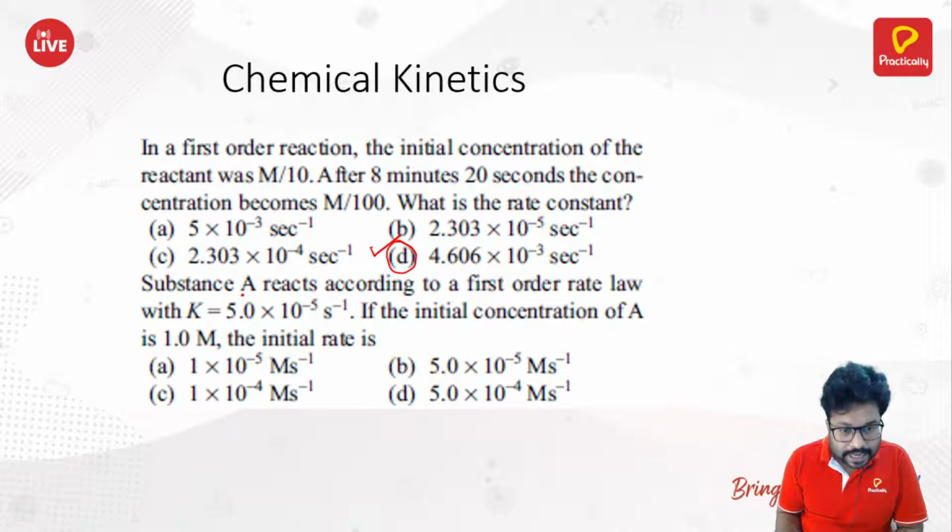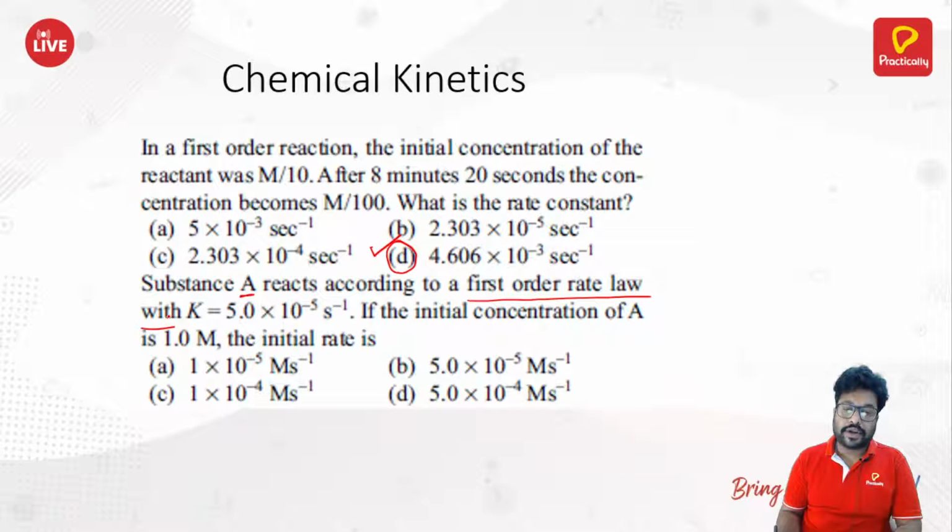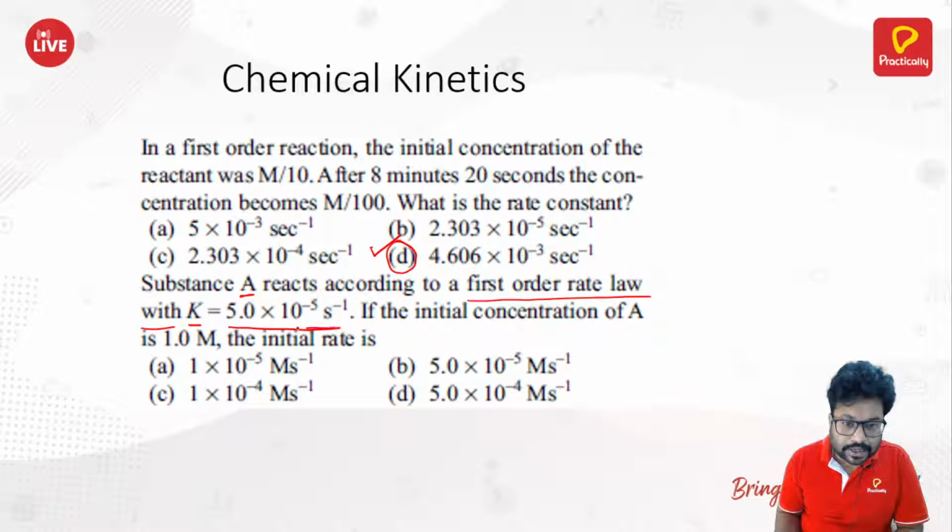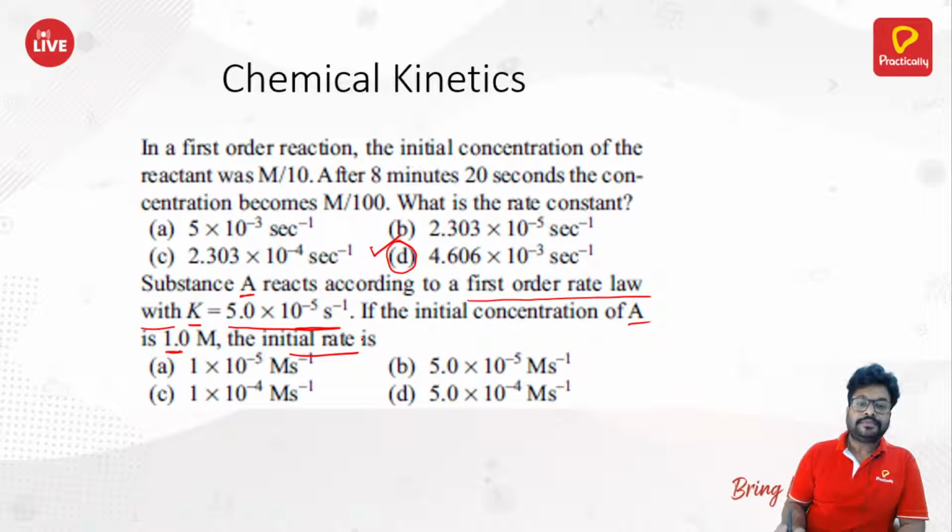Next, substance A reacts according to first order rate law, which gave us K equal to 5 into 10 raised to minus 5 per second. If the initial concentration of A is 1 molar, then the initial rate is how much?